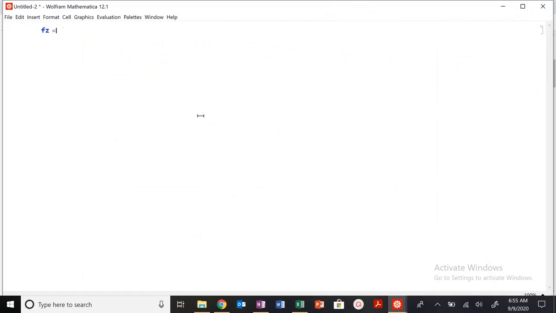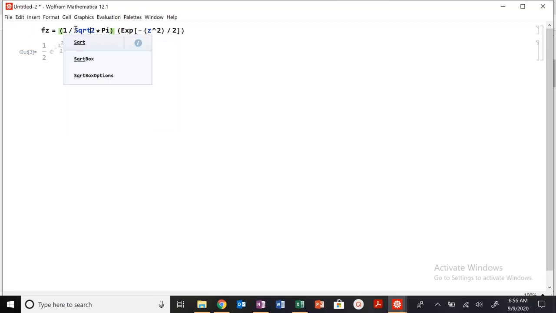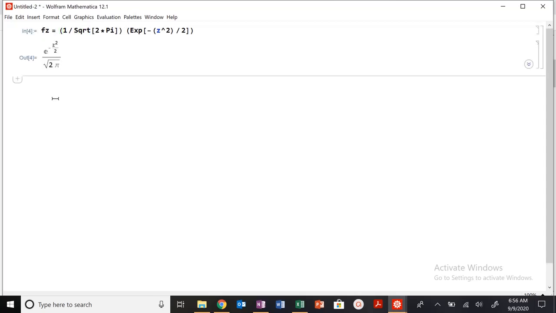It's just going to be 1 divided by the square root of 2 times pi, times the exponential of minus z squared over 2. You probably don't need parentheses, but I'm a little bit paranoid. So that's our f of z function.